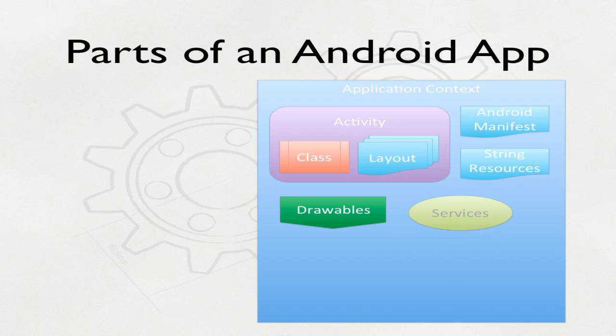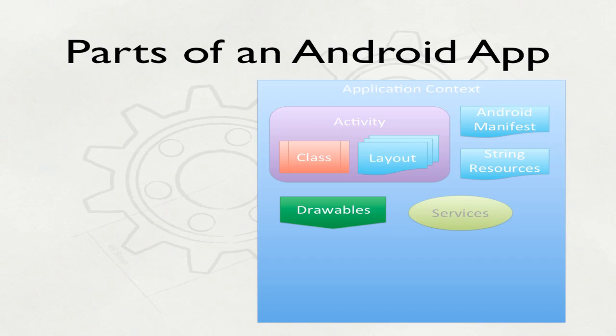The other thing your Android application can contain is what's called a service. Now, a service is something that runs without UI interaction. It may pop up some toast, which is a little pop-up message or something like that, but a service is always running. So where this gets interesting is your application can start and create an activity, and the user interacts with that activity, and then they switch off.